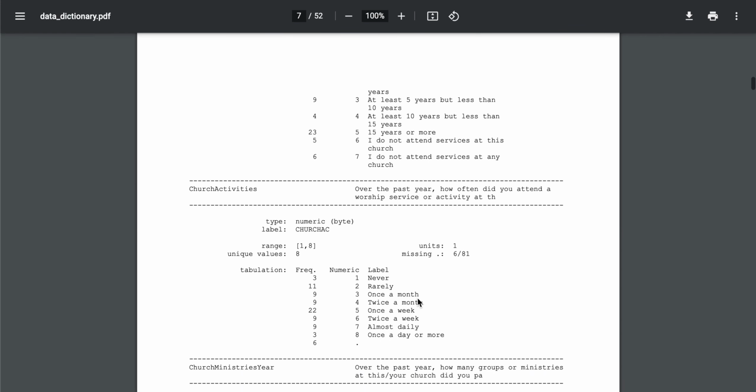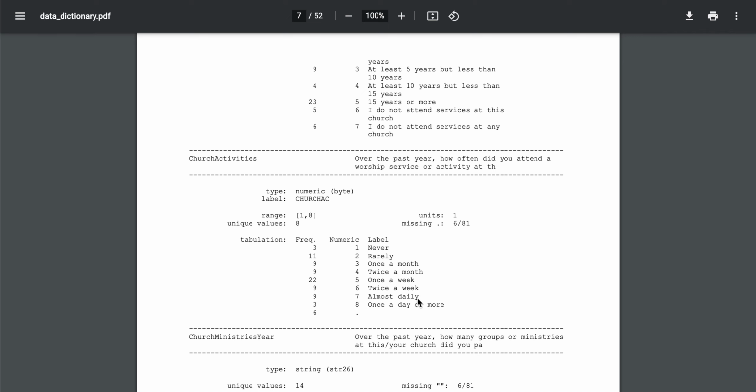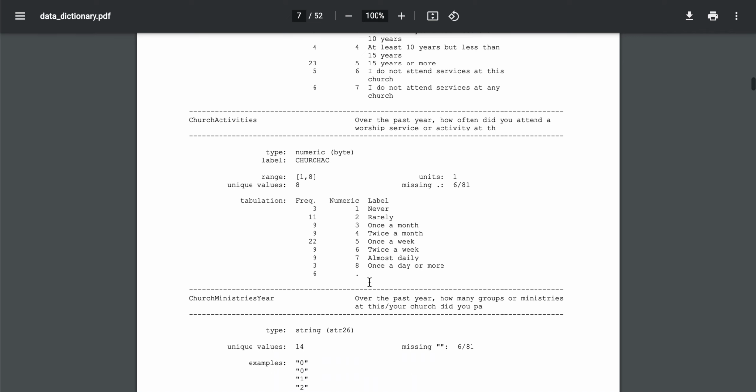Then we have church activities, and since we have 6 missing values, just for the sake of simplicity, I remove this, in other words, I don't choose it. Obviously, I can see whether these 6 missing values coincide with those 10 missing values of the response, and if that's the case, then maybe we don't need to. But for the sake of simplicity, I just remove it.